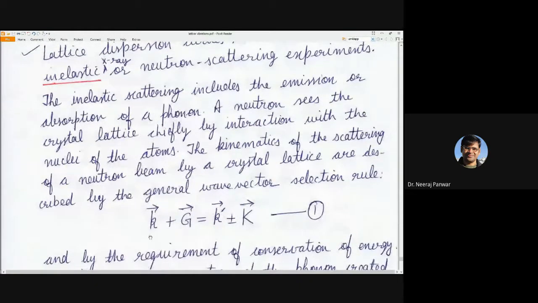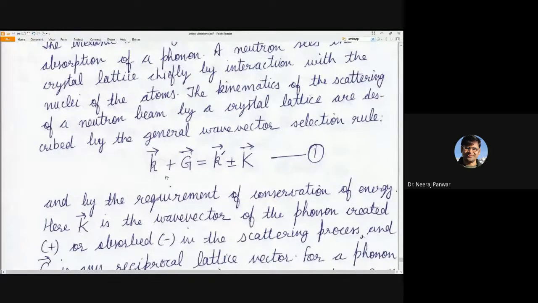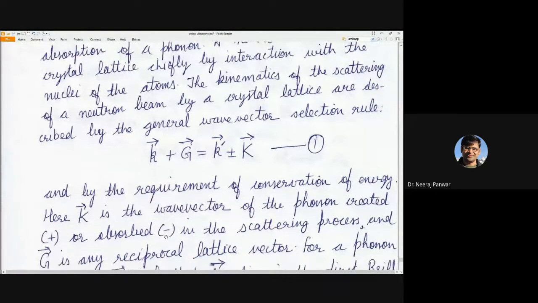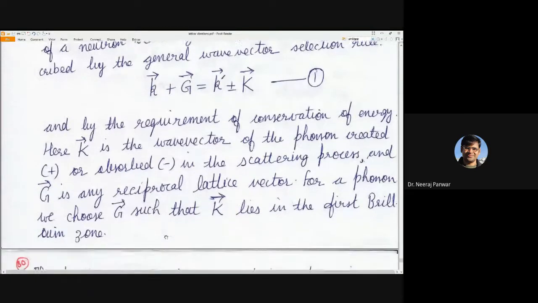If we have the incident neutron with wave vector k, and the scattered neutron with wave vector k prime, then k and k prime are related to each other through a reciprocal lattice vector G, and there is also a generation or absorption of a phonon with wave vector capital K. This phonon wave vector comes from the requirement of conservation of momentum, and plus denotes the emission of a phonon, and minus denotes the absorption of a phonon.